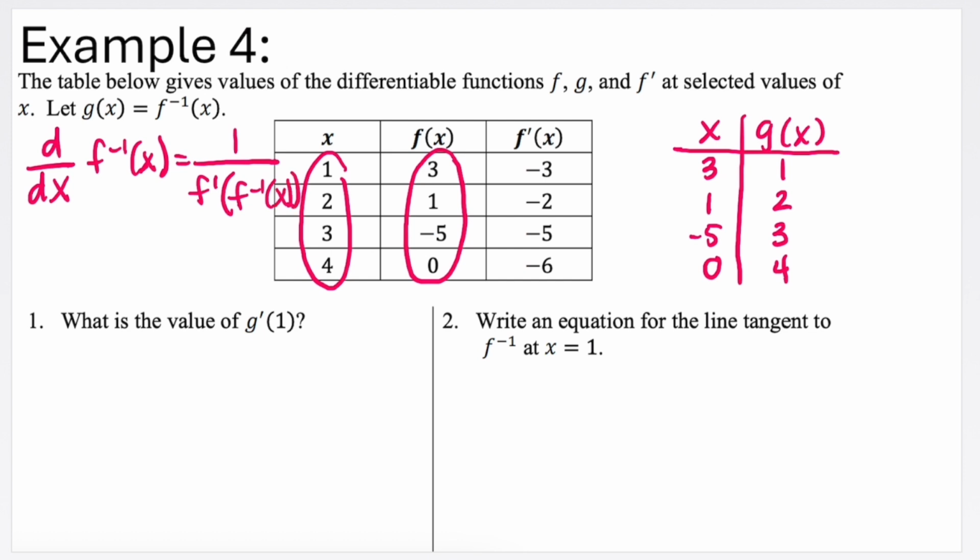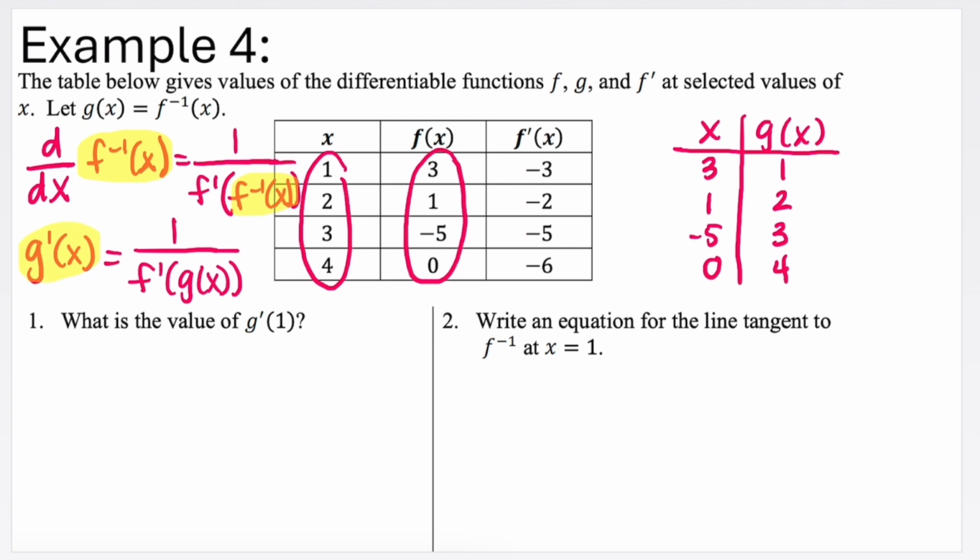For this particular problem, g is the inverse of f, so I'm going to rewrite this as g prime of x equals 1 over f prime of g of x. All I did was replace the inverse here and here with g instead.